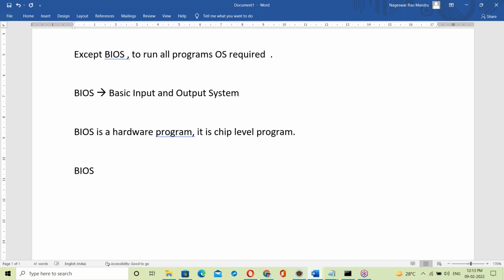Once you power on the computer, power goes to the BIOS program and that program activates. That BIOS program is responsible for booting the operating system. So before the OS, the BIOS program starts first. BIOS is not run by the OS; BIOS is responsible for activating the OS. It's a chip level program, a hardware in the motherboard. This is the chip.